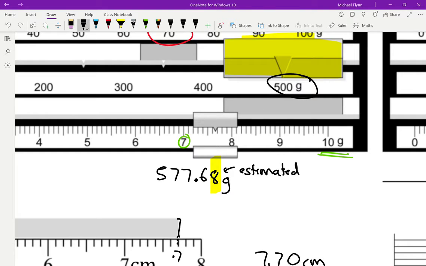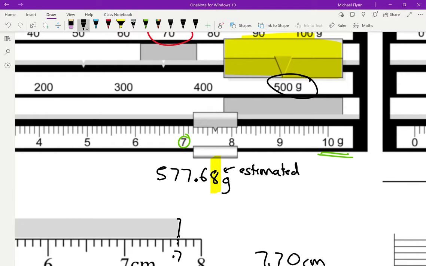In other words, you always estimate one more digit past the smallest marking. The smallest marking on this goes to tenths of a gram, like 7.1, 7.2, 7.3, 7.4. Those are the small graduation marks that you see here. And then you estimate that last digit.